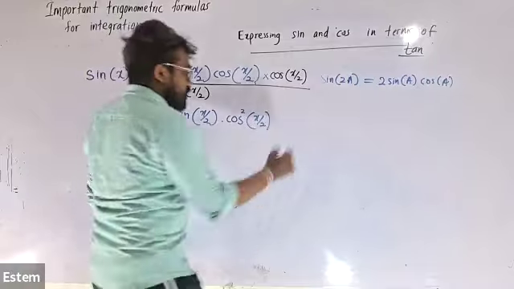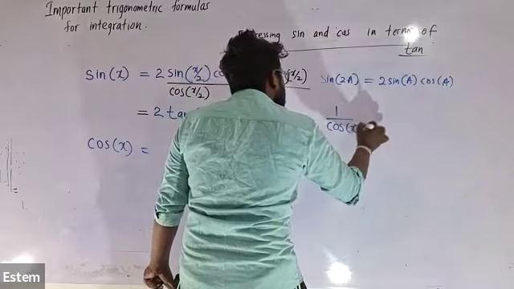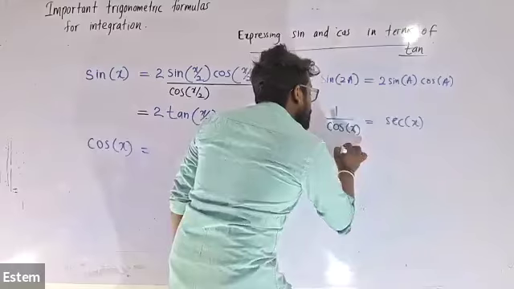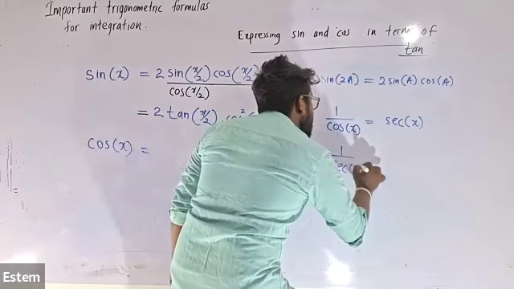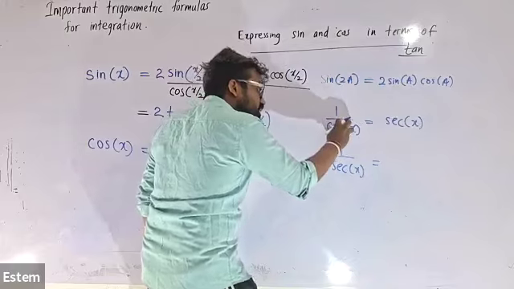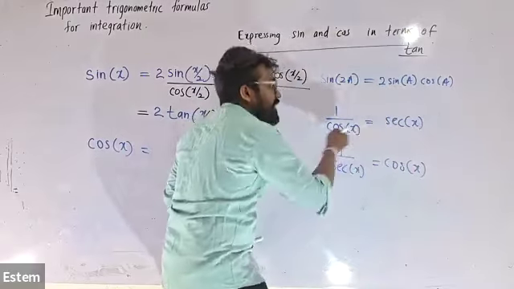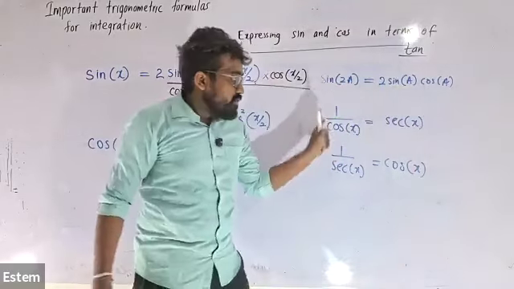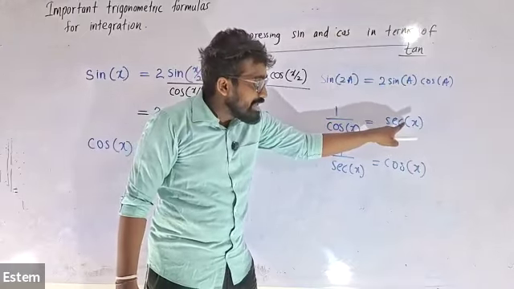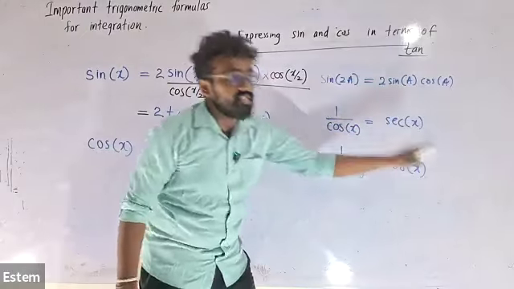Then what happens? We know 1 over cos x is sec x. So if we place sec x here, then 1 over sec x is cos x.